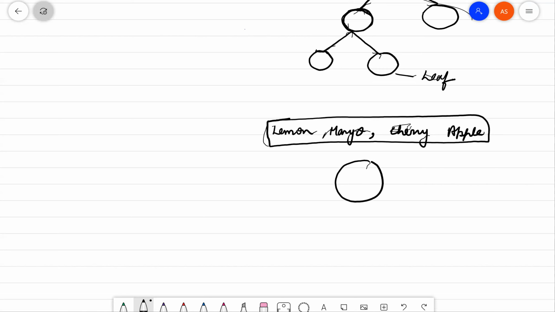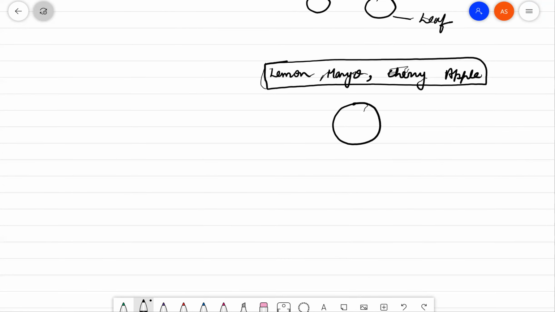So the first node will contain the data set, and now we are dividing this data set into further sub branches, further sub nodes, on the basis of their, suppose, size and color.